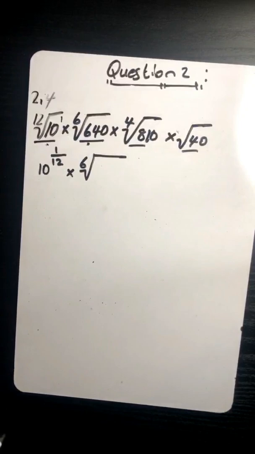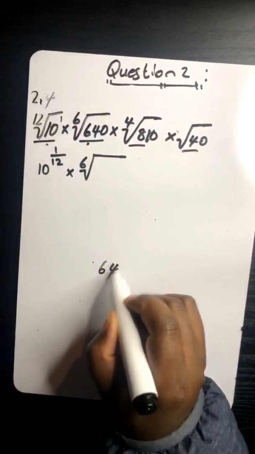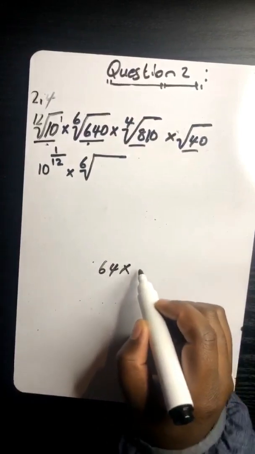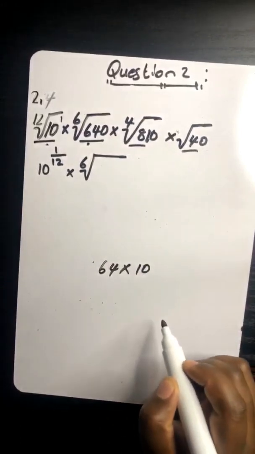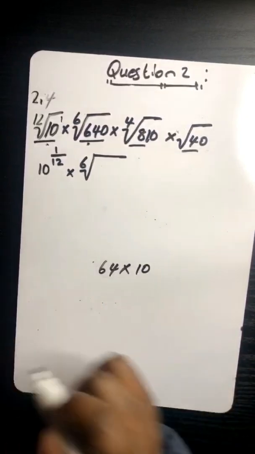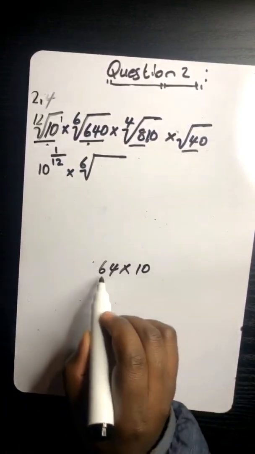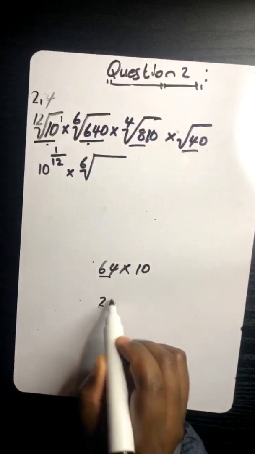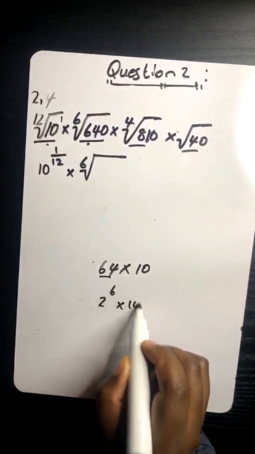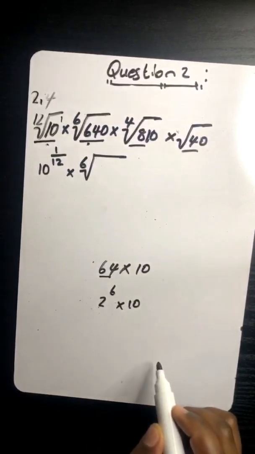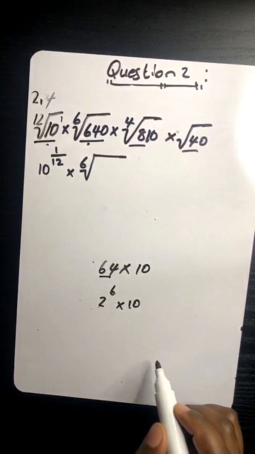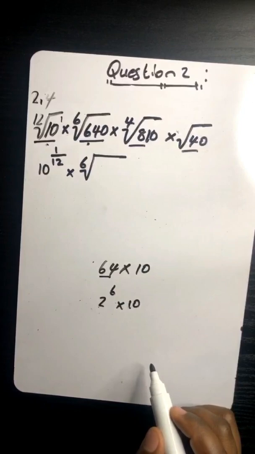Let's see this. This thing, 64, when you multiply it by 10, does it not give you that, Bantu Bakiti? It does. And this thing is the same as 2 to the exponent 6. Do you guys agree with me on that one? Yes. Okay.